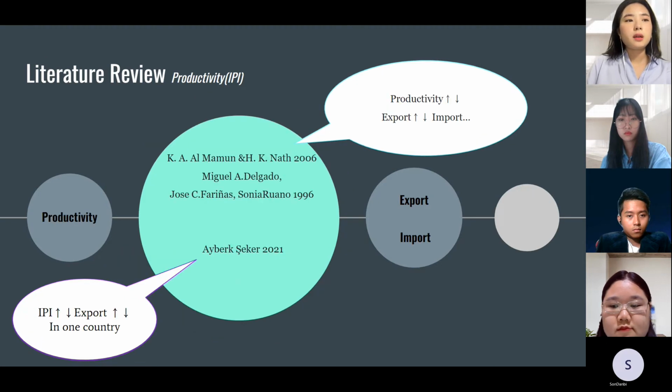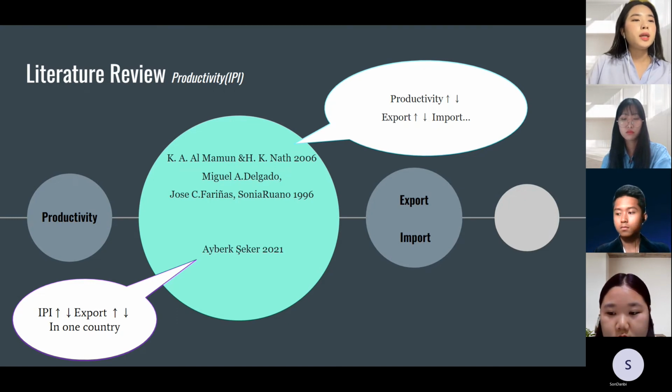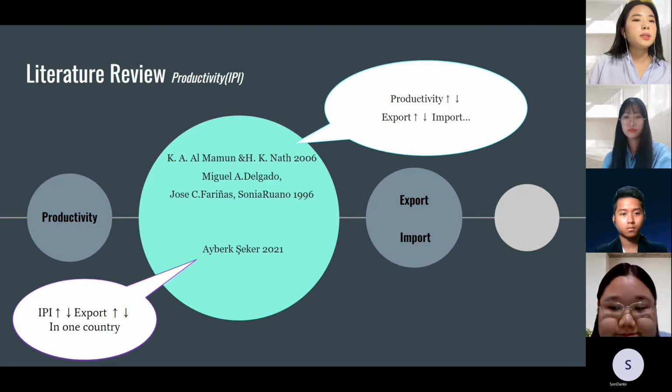Next slide, please. Lastly, the literature on productivity and import and export. It was difficult to find data related to our research here because they use productivity indicators different from ours. But one thing in common is that as export increased, the productivity indicator also increased.